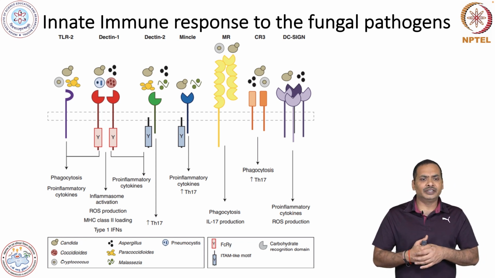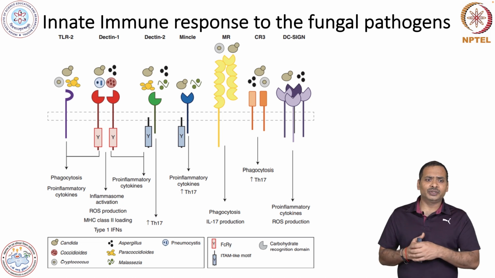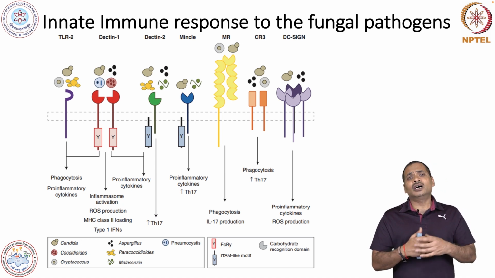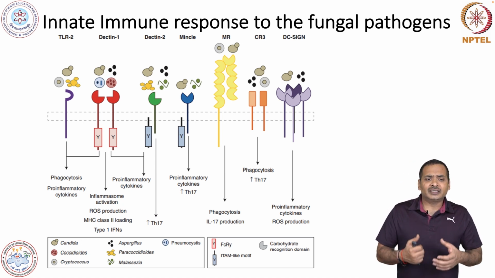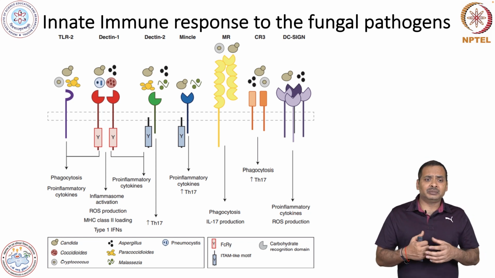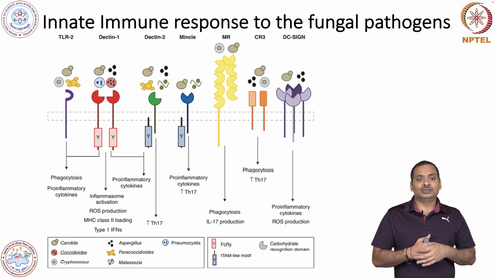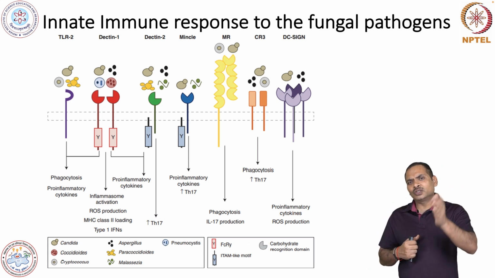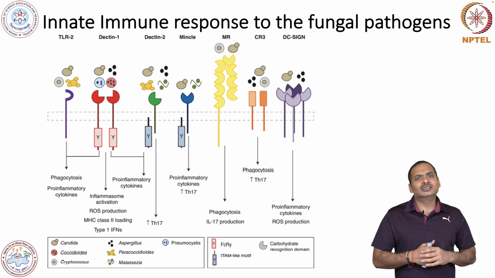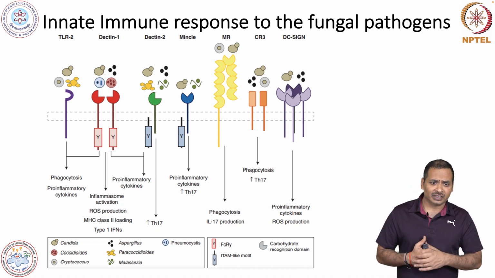Then they can induce inflammasome activation, ROS production, and MHC class II loading. It can also produce type 1 interferon. So Dectin-1 is a quite well characterized sensor in fungal infection.